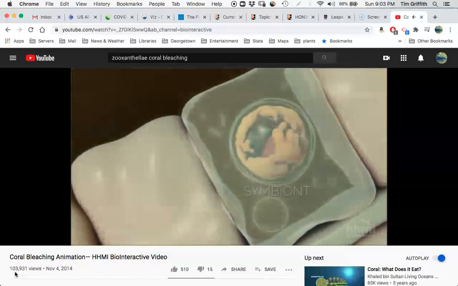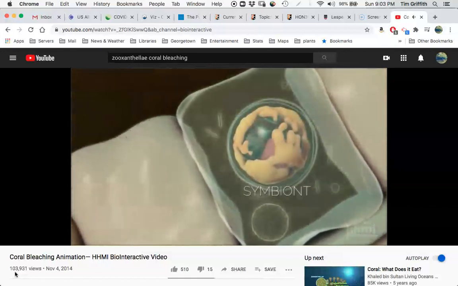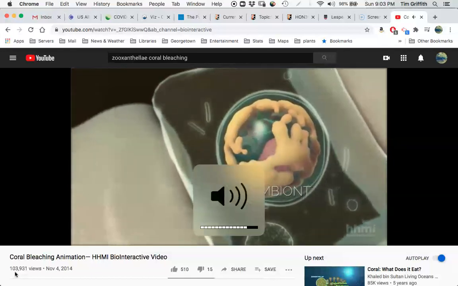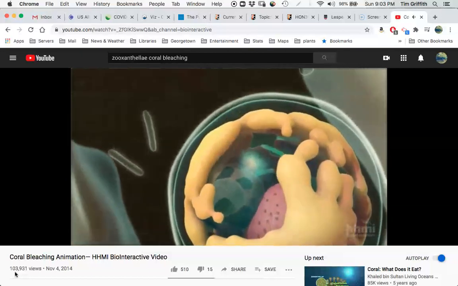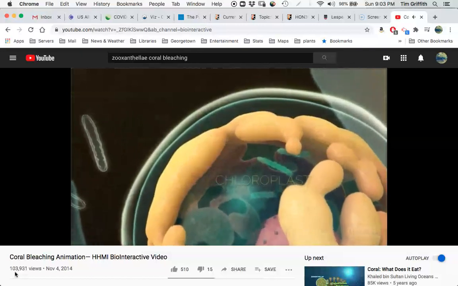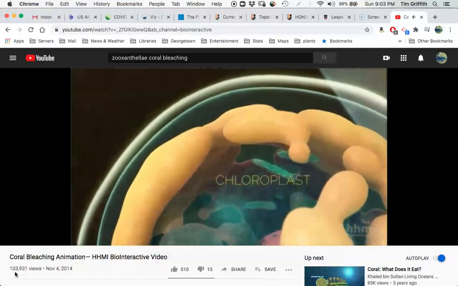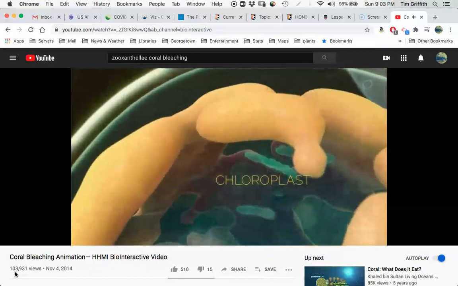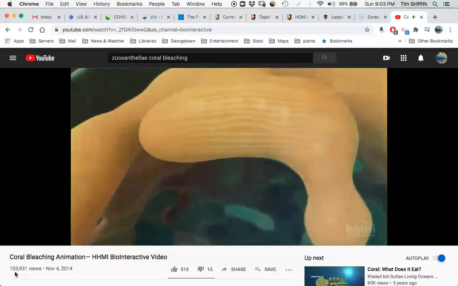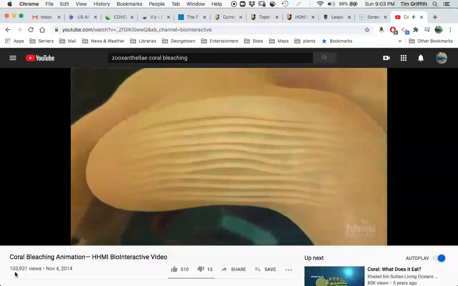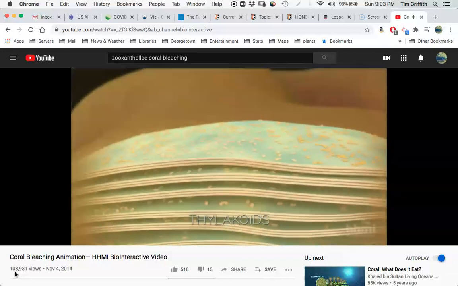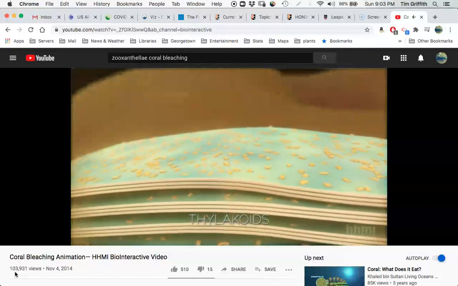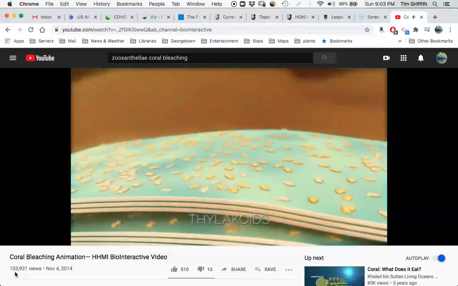Now, this is a life form called a dinoflagellate. It has chloroplasts because it's photosynthetic, but it has very odd-shaped chloroplasts, like these yellow structures here. We're going to zoom in to the chloroplast itself because that's where the damage happens during bleaching. What do chloroplasts have in them? They have membranes called thylakoid membranes. Those membranes hold the proteins called the photosystems that then capture light energy and turn it into chemical energy.